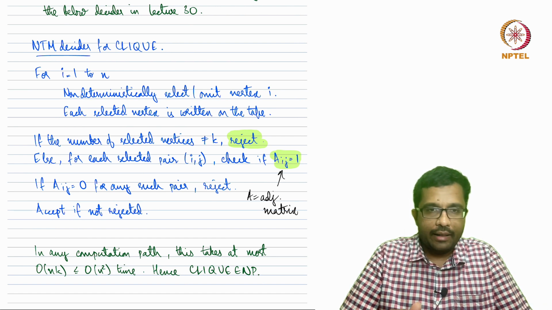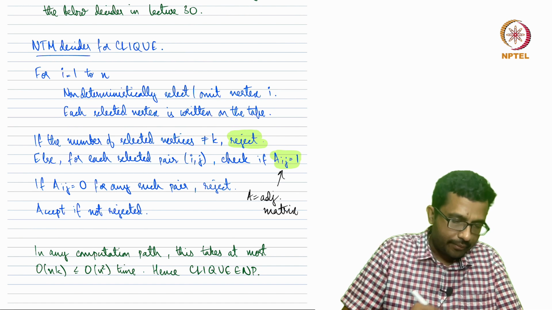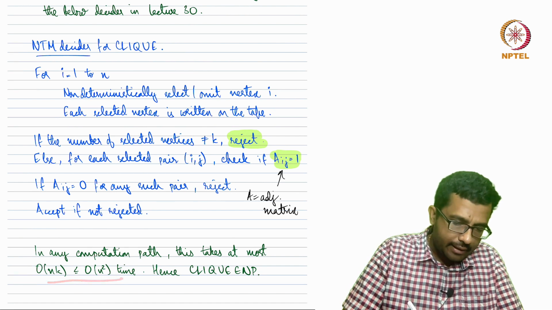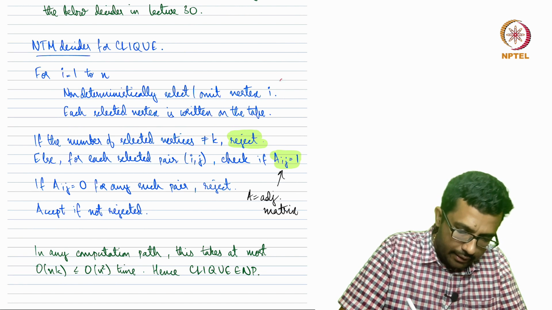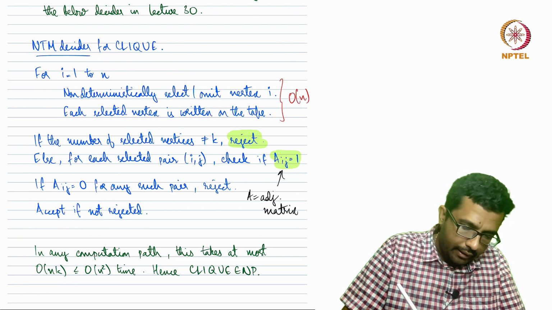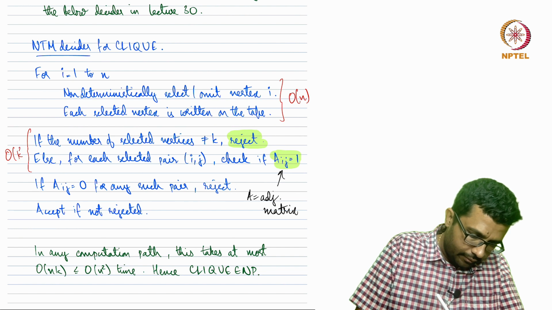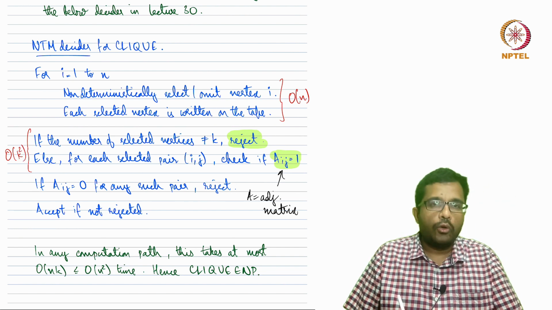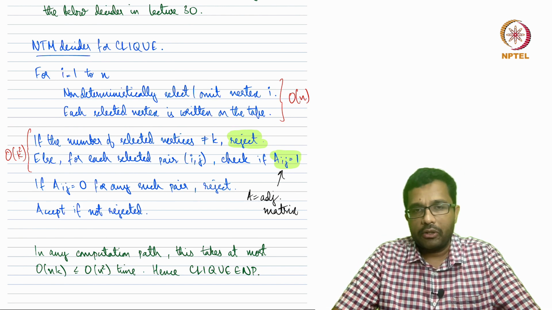Hence this whole process takes at most order n squared time. So this first part takes order n time, and this part takes order k squared time. The time complexity of this entire process is order n squared, which is polynomial.